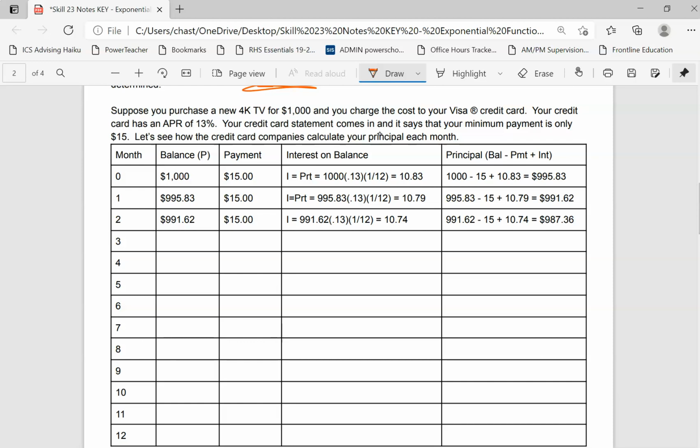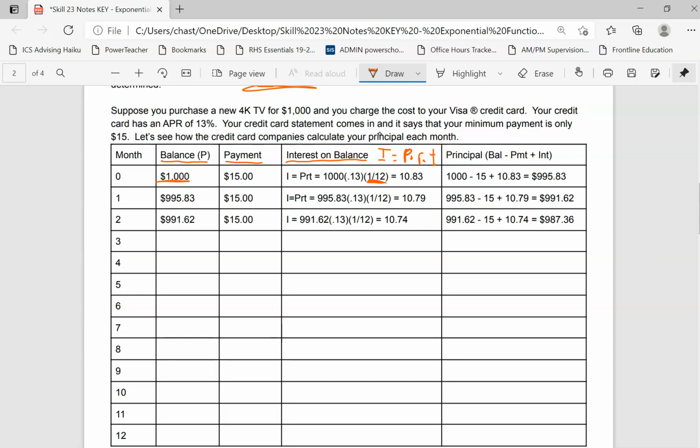Okay. So you'll notice the first few lines are done. So to figure out your balance each month, you have your payment, you have your interest on whatever this balance is, and the way you figure out your interest is equal to principal times rate times time. This is simple interest. The way we figure out that time, since it's a monthly payment, that's why you see this 1/12 here.